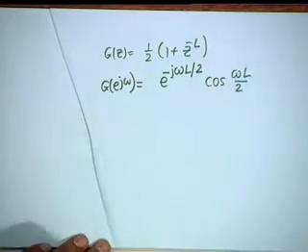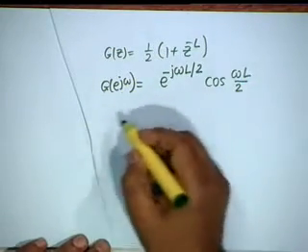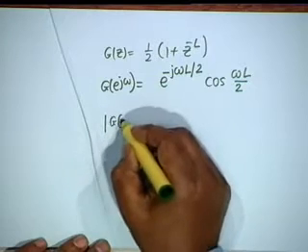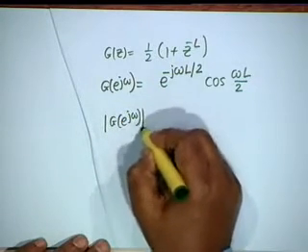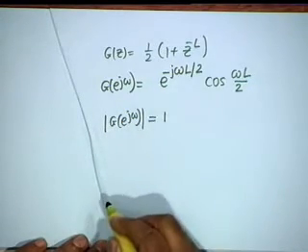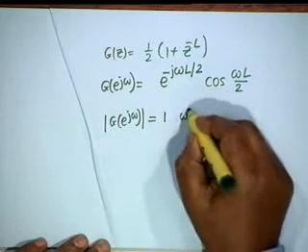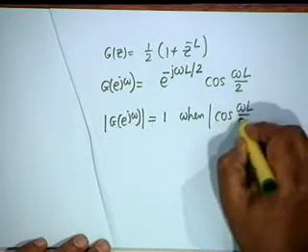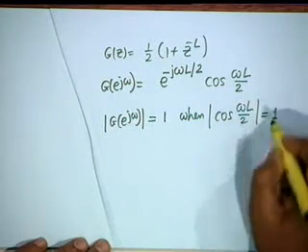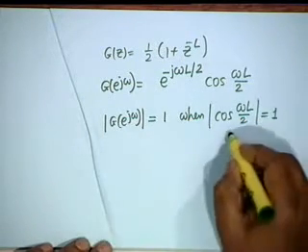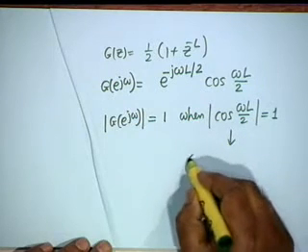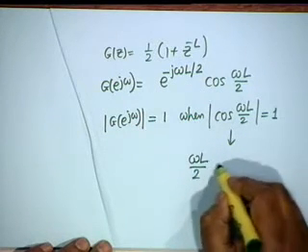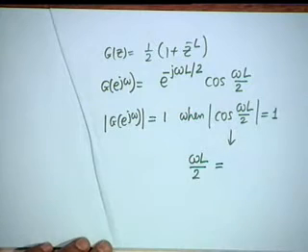This is very easy to do, okay? And therefore, magnitude of G of e to the j omega shall be equal to 1 when magnitude of cosine of omega L by 2 is equal to 1. Agreed?